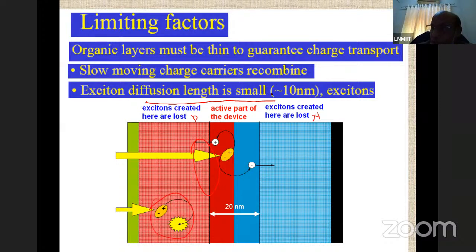So only the excitons which reach the interface will contribute to the free charge carriers, and the others are lost. So the current is very, very small in this case. This is the limiting factor of the two-layer system.